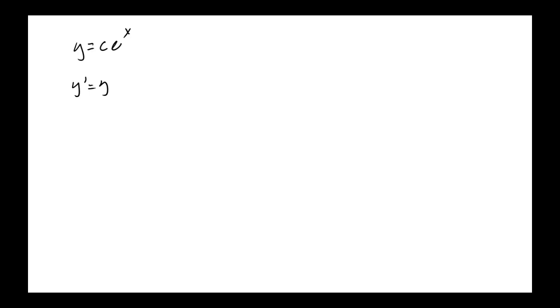So, no surprise, that's what it's going to turn out to be. Except we have that arbitrary constant c. Because it's a first derivative, you need at least one arbitrary constant. So you have an infinite number of solutions that will all work. Any value for c you put in there, it's still going to work. Okay? All the solutions in this family are defined on the interval minus infinity to infinity.